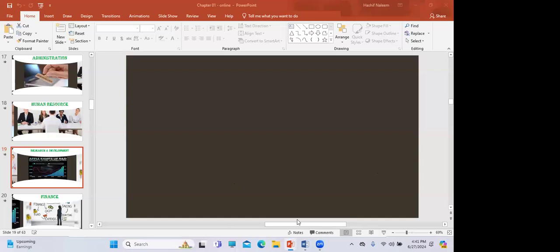So the first activity I'll explain is production. So production can be simple. Production means you are converting your inputs into outputs. That is only called as production. So when you take businesses, in some businesses, production happens where they convert their inputs into output. But in some businesses, production won't happen.